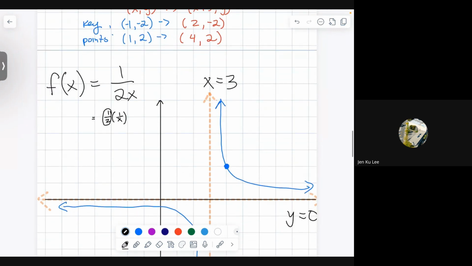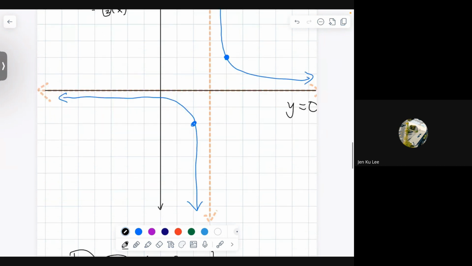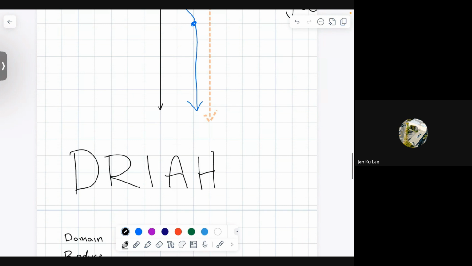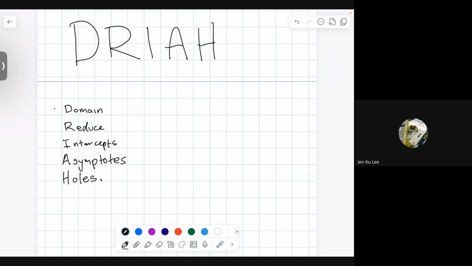Okay, now I kind of want to preview the next step. You guys remember this statement here? DRAIN. Well, DRAIN means we're going to get the domain, we're going to reduce, intercepts, asymptotes, and holes. And in terms of the asymptotes and holes, there's a bunch of rules we've got to keep in mind.